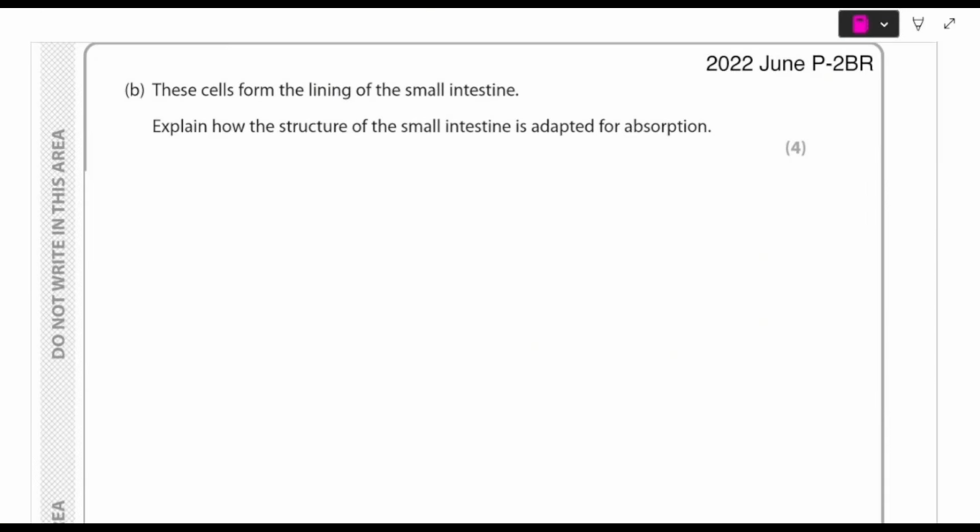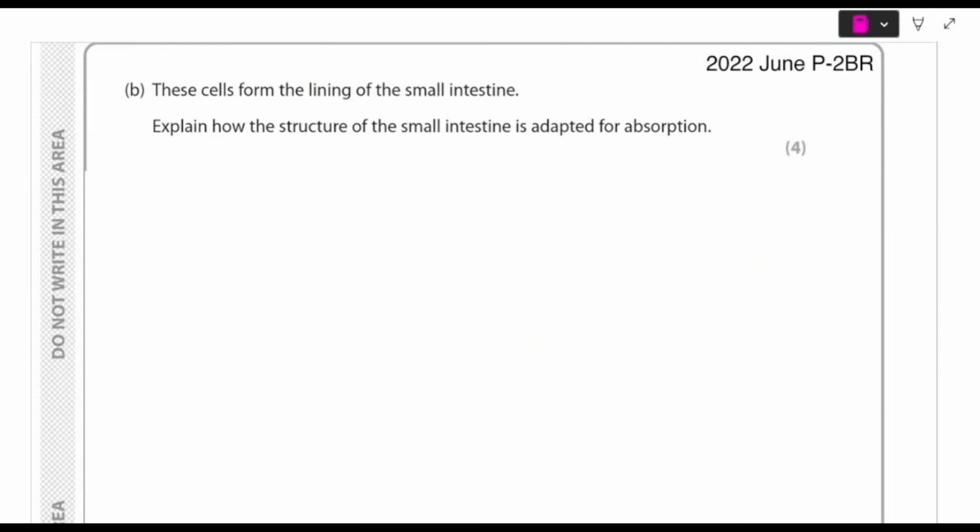Next up, small intestine. We are asked to describe the adaptive features, or how the small intestine is adapted for absorption. So we know the small intestine has villi and microvilli, which increase the surface area for diffusion.